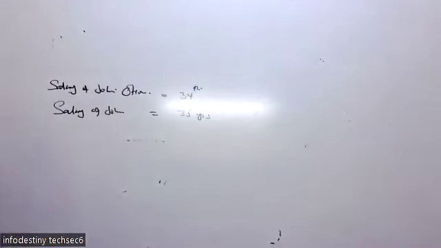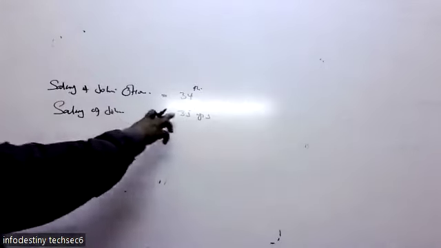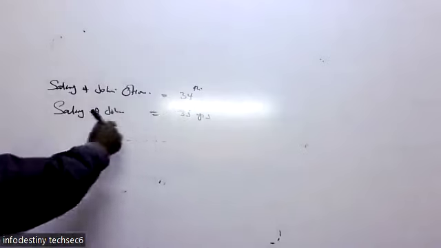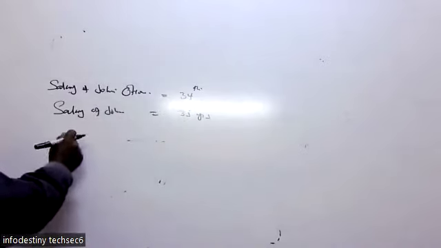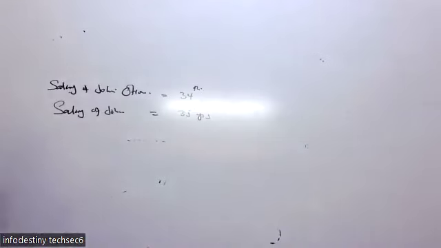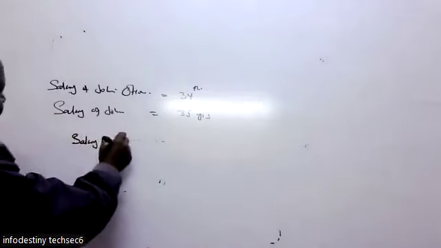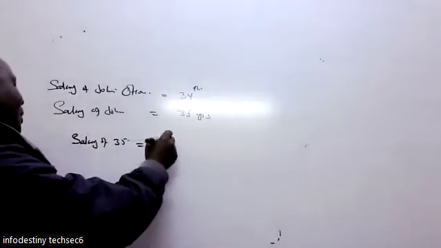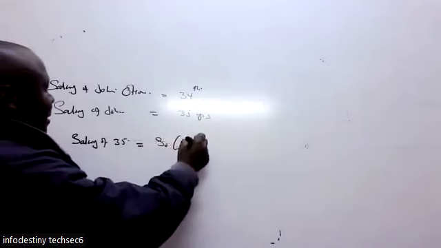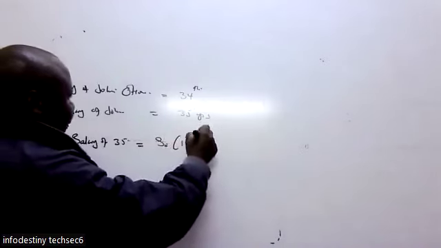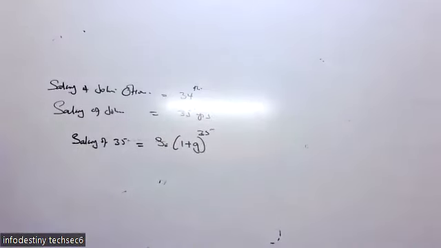Or we can do it like this. If you want to get the salary for 35 years, you are going to say the salary of 35 will be equal to the salary at 0 into 1 plus g, the growth, you raise to 35.